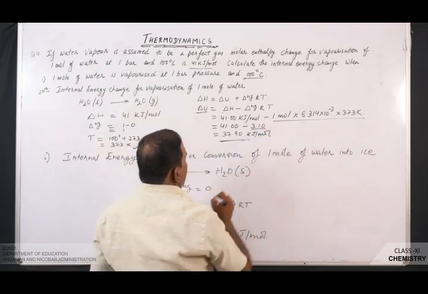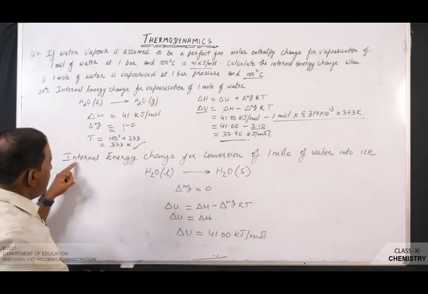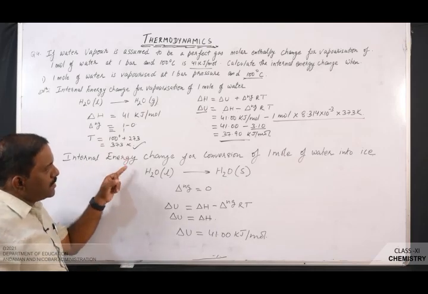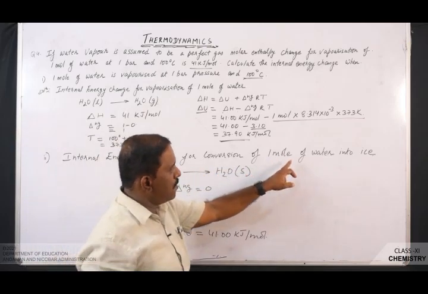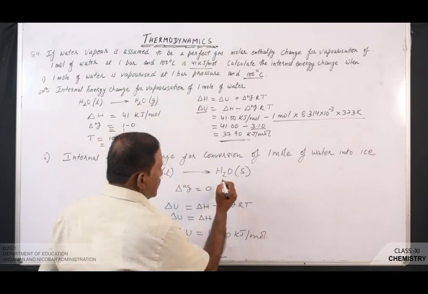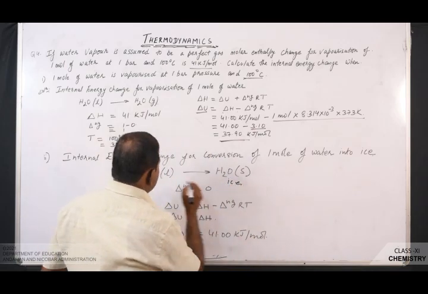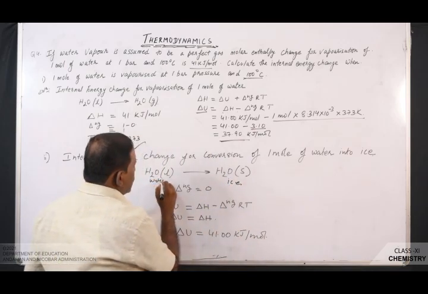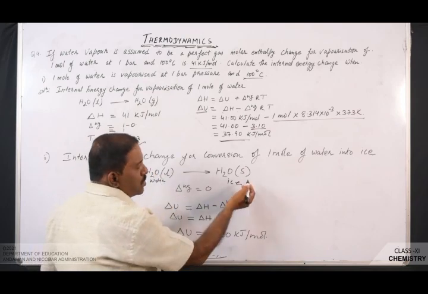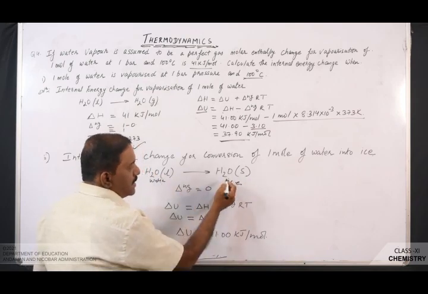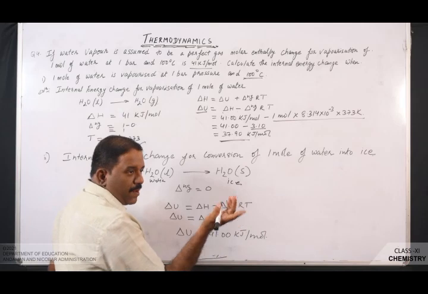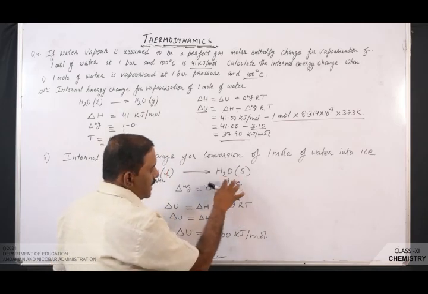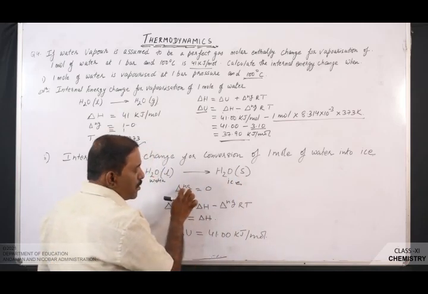Okay. So the next part has asked for the internal energy change for the conversion of 1 mole of water into ice. So this is water, and to convert it into solid, here delta Ng is 0. We will be considering the gaseous state only, the total number of moles for the gases.